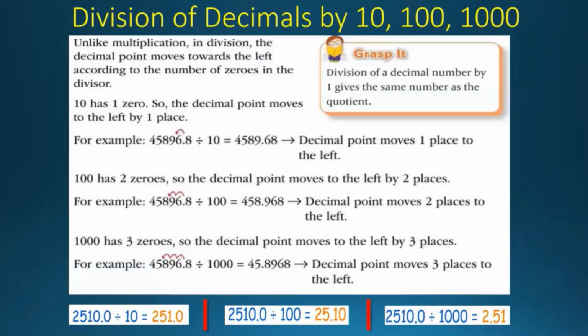And now 2510.0 divided by 1000 is equal to 2.51. In this, we can drop the zeros because they have no value and they are after the decimal point. There are two numbers after the decimal point, then the zeros, so we can drop them.